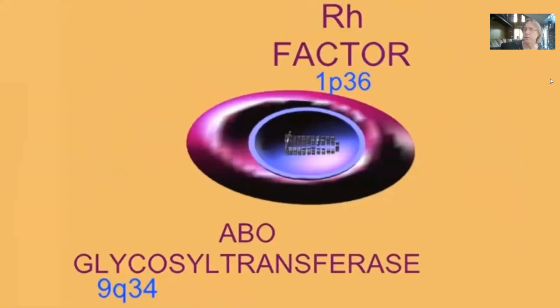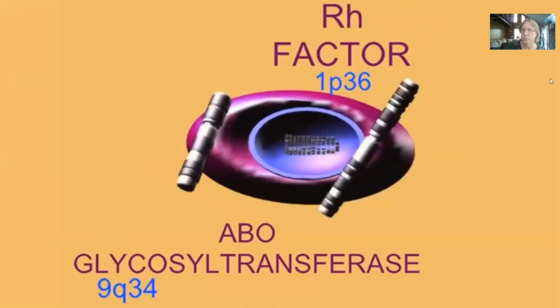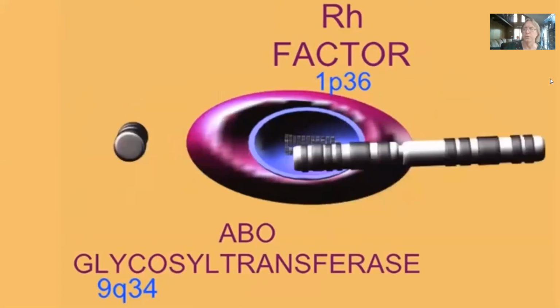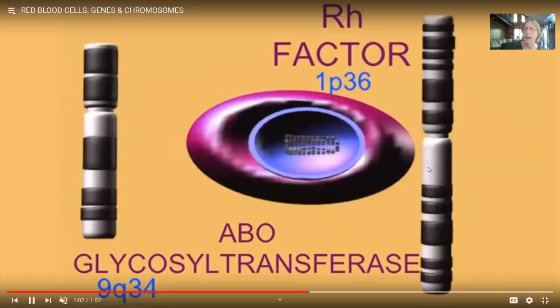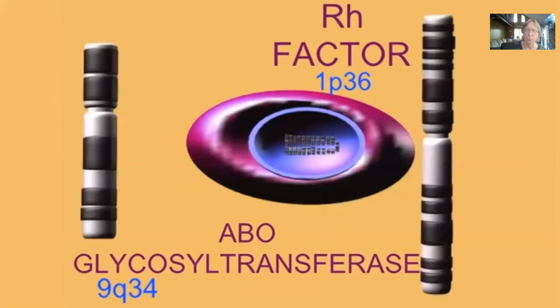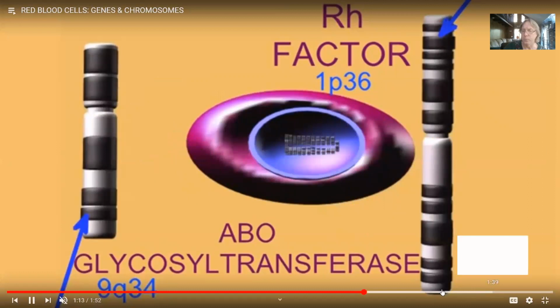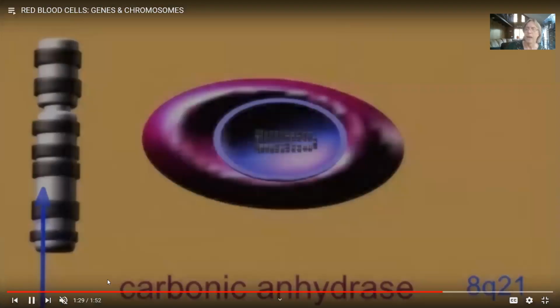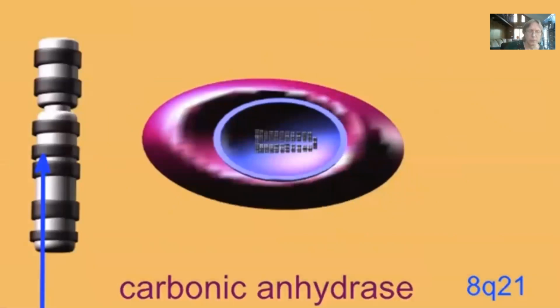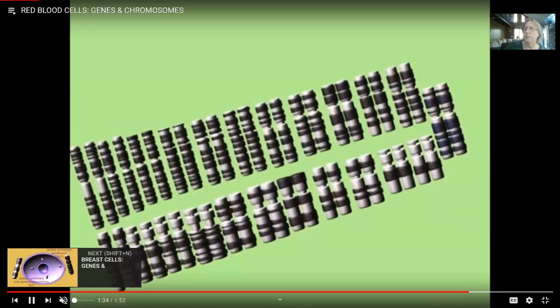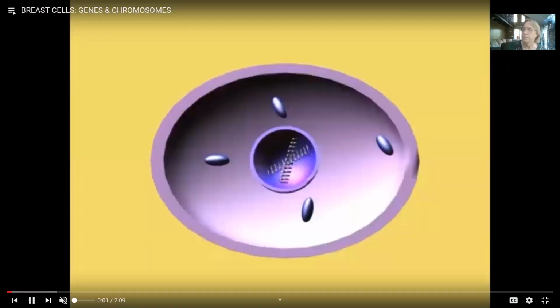But the effects would vary depending on which chromosomes were duplicated, which portions of each chromosome might be changed, because once again, the Rh factor is an important gene, but that's located on chromosome 1, while the ABO glycosyltransferase, which determines blood type, is on chromosome 9. And then we could see that with other genes as well. And so this red blood cell precursor, to become a red blood cell, is going to require different genes from different chromosomes. And that would be true of any cell type.